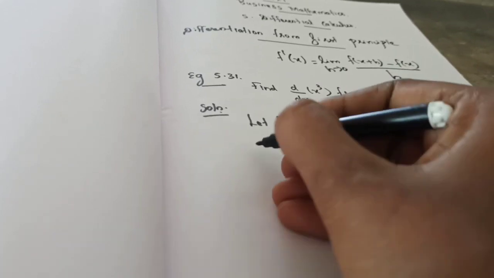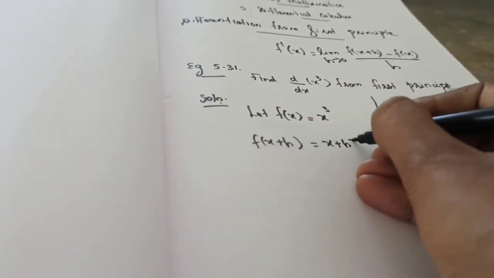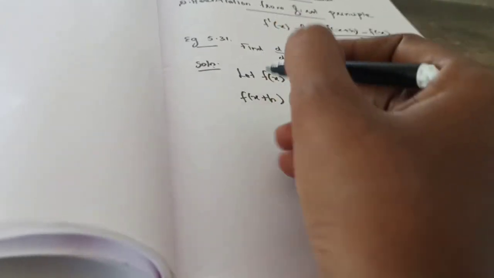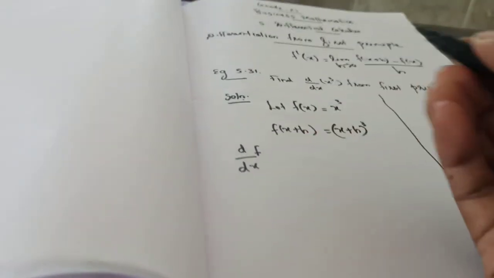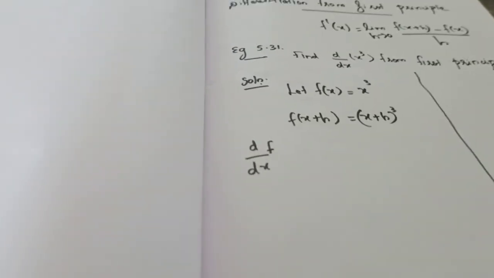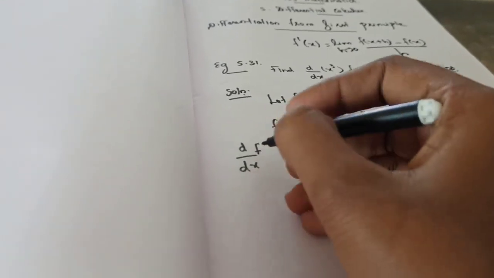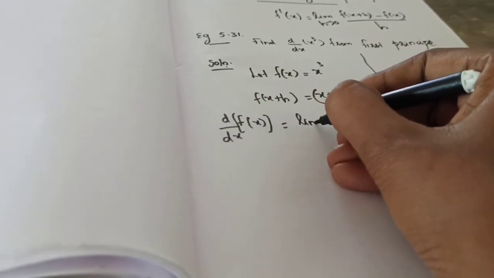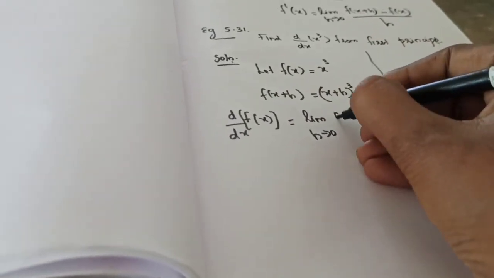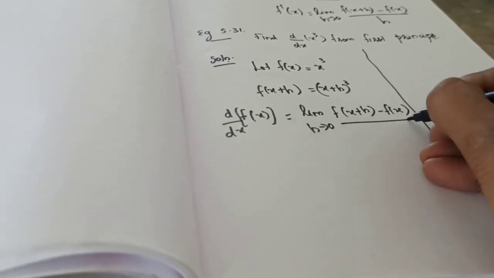So f of x plus h, what will you get? f of x plus h is equal to x plus h the whole cube. Okay, so what's the formula? d by dx of f of x is equal to limit h tends to 0 of f of x plus h minus f of x, divided by h.